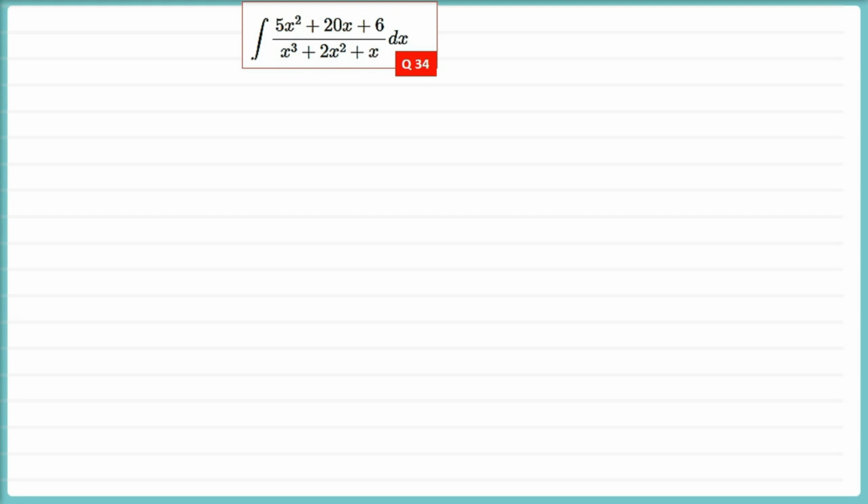Now this question seems to be different, but with certain simple steps you will see that it looks as if you have already done it. Let's see the denominator. This is x cube plus 2x square plus x. You can take x outside, so we have x square plus 2x plus 1. Now this x square plus 2x plus 1 is simply (x plus 1) whole square.